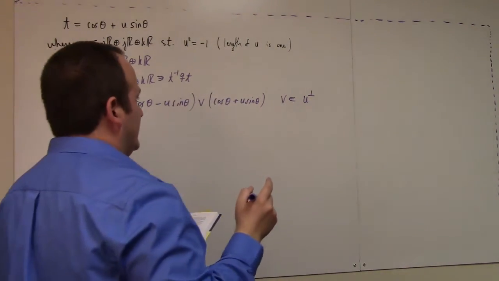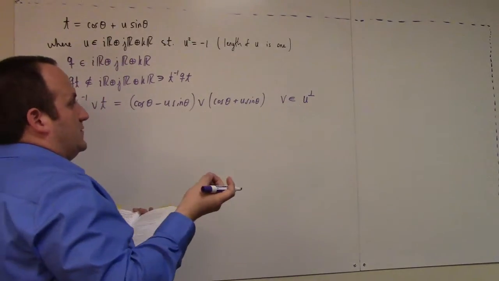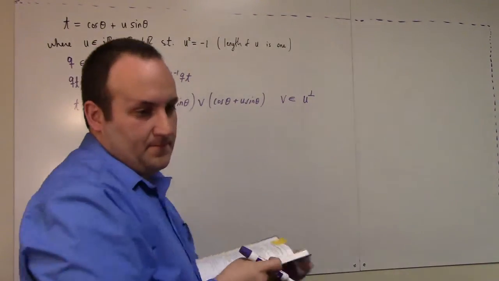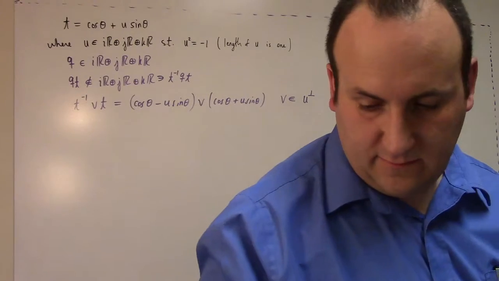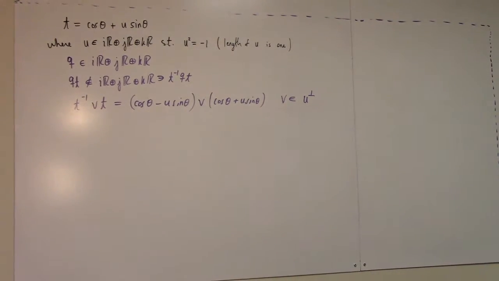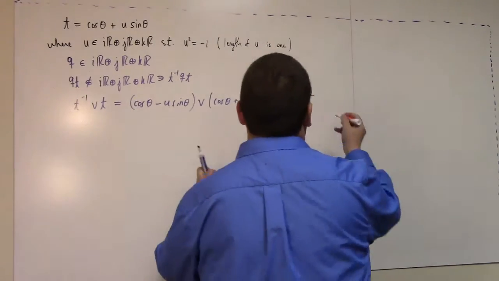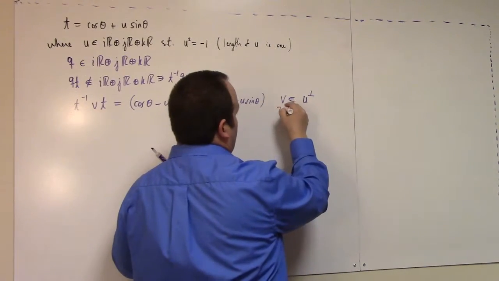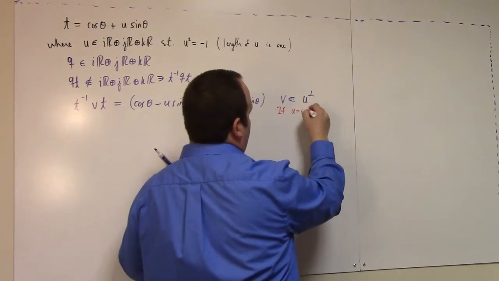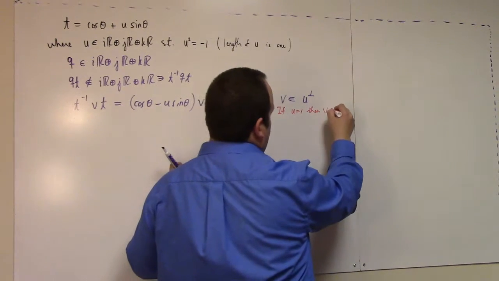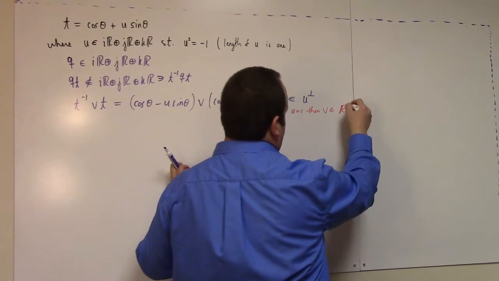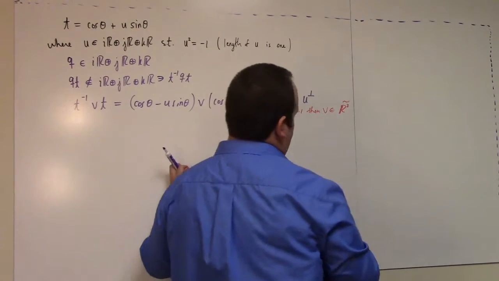Now, just as a point of language, if U is equal to 1, then V is an element of what we were just calling R3 tilde, the unreal vectors.